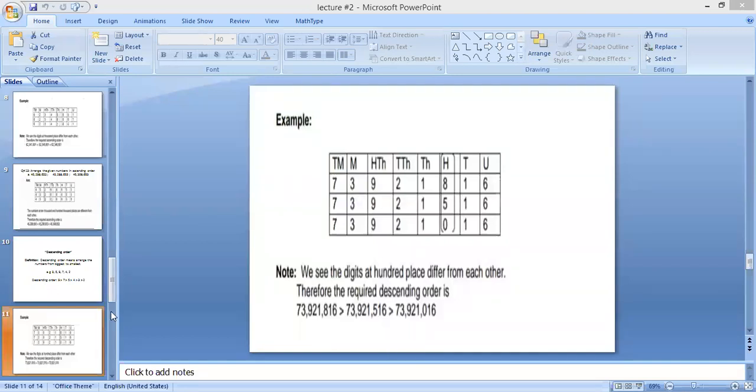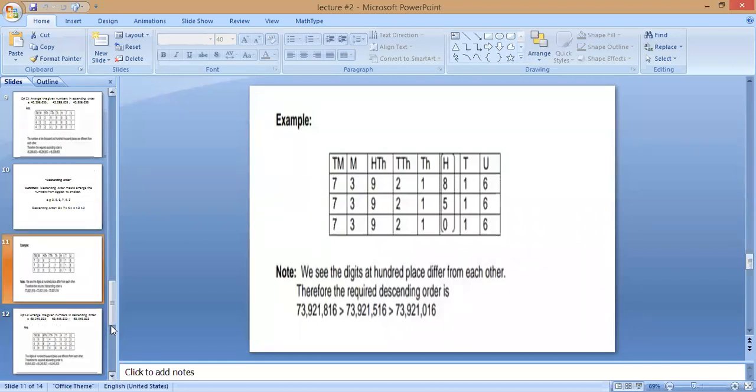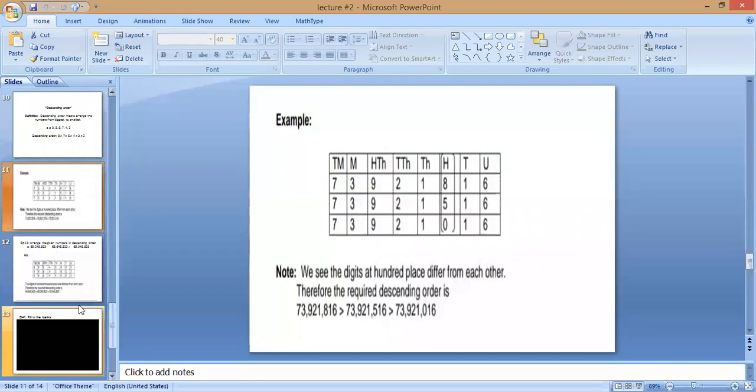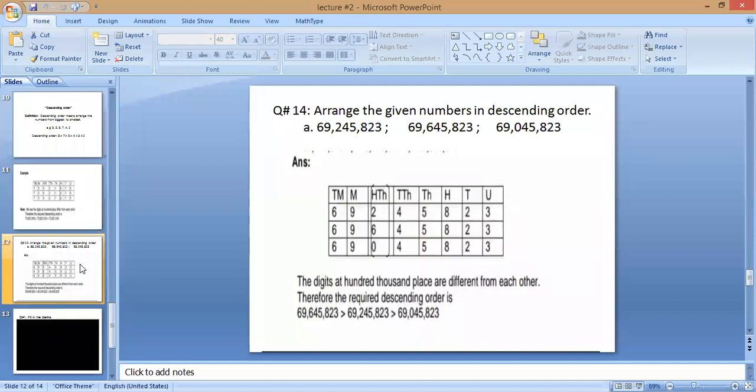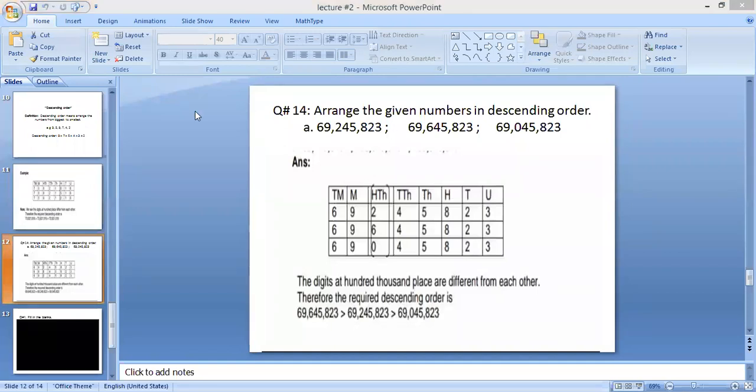Okay. Now come to question number 14. Arrange the given numbers in descending order. Your question from your book is to arrange the given numbers in descending order. Given numbers are here. You can check. First of all, you will make a place value table.